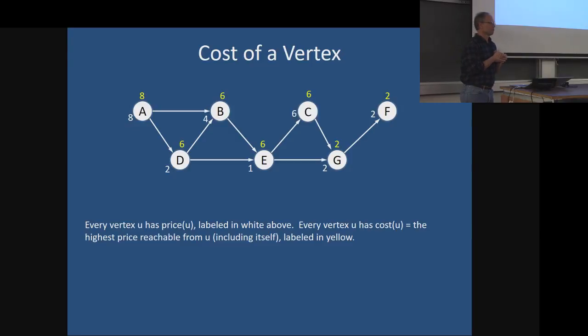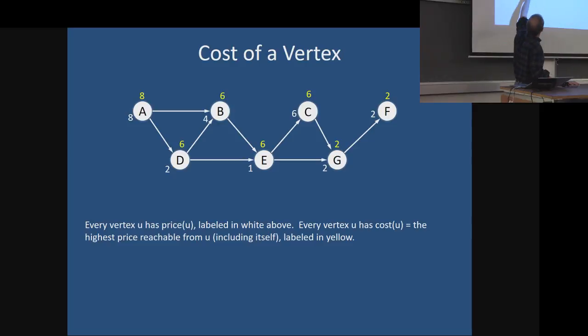Just check the price of the next... No, not the price. The cost of the other two. The cost of D will be the larger of the cost of the things reachable from it, the yellow things reachable from it, and its own price.